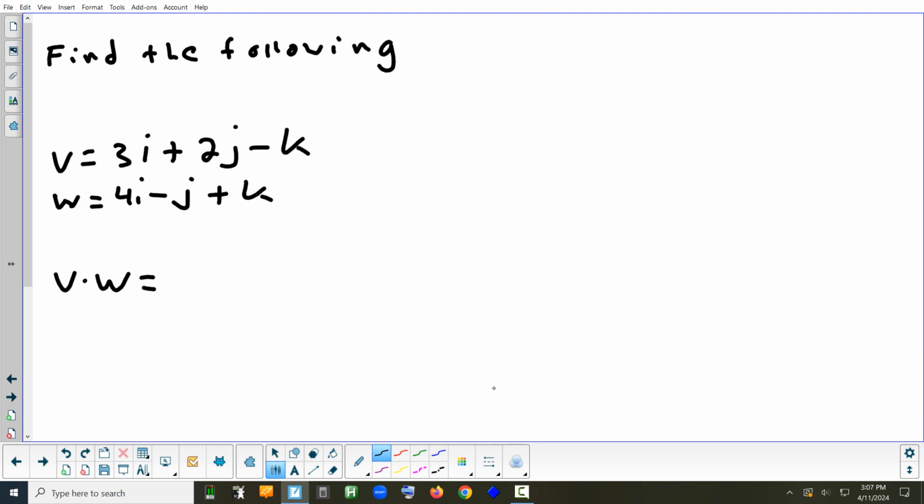Okay, so the next question, we're going to look at finding the dot product. So can you tell me the first two things we would multiply together to get v dot w? The 3 and the 4. Okay. All right, and what would come next? The 2 and the -1. Anything before that?